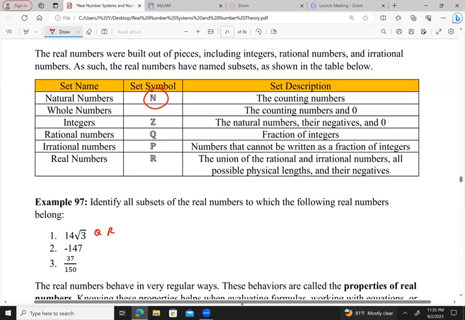This here is an integer, a rational number, not irrational, and real. And this is rational and real.